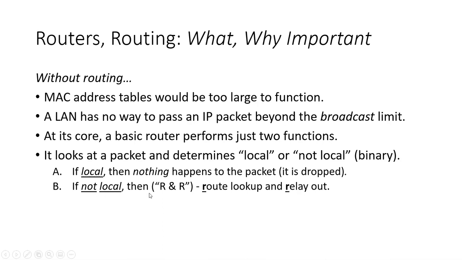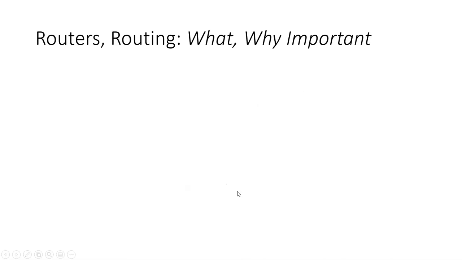If it's not local, then it performs what we call route and relay. There's a route lookup and it relays the packet out. So it takes action if the packet is not local. But the first thing it does is look at it and say, is this local or not local? And only if it's not local, then it takes an extra step, 2 steps.